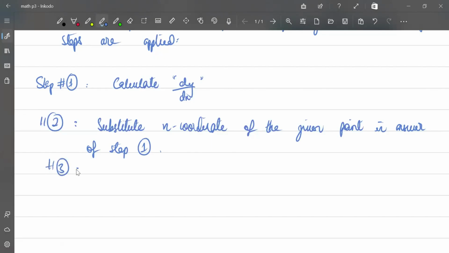Step number three, the answer hence obtained is the gradient of the tangent.